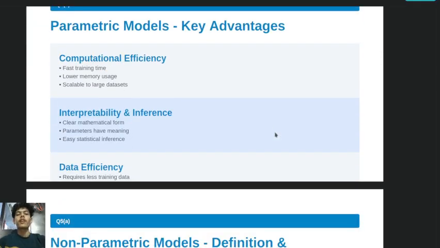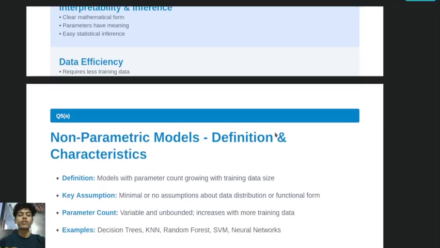Parametric models' advantages are that they are computationally efficient, with fast training time, lower memory usage, scalable to large data sets, interpretability and inference, clean mathematical form, parameters have meaning, easy statistical inference, and data efficiency.